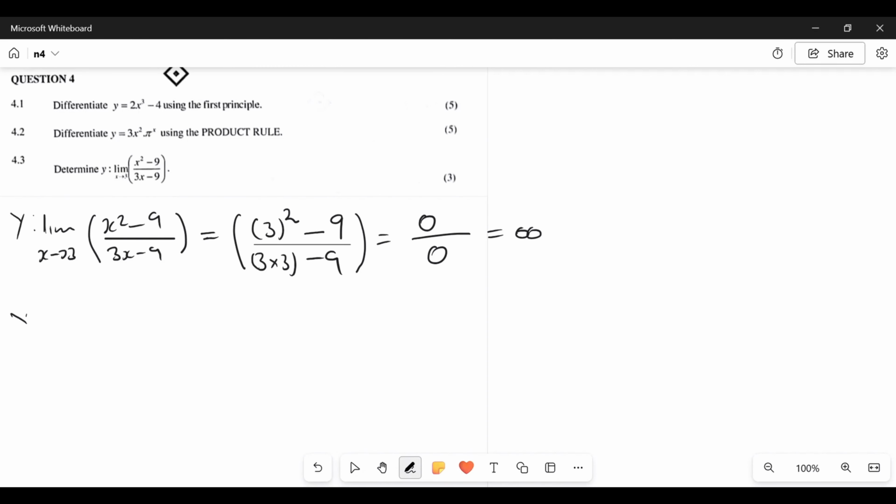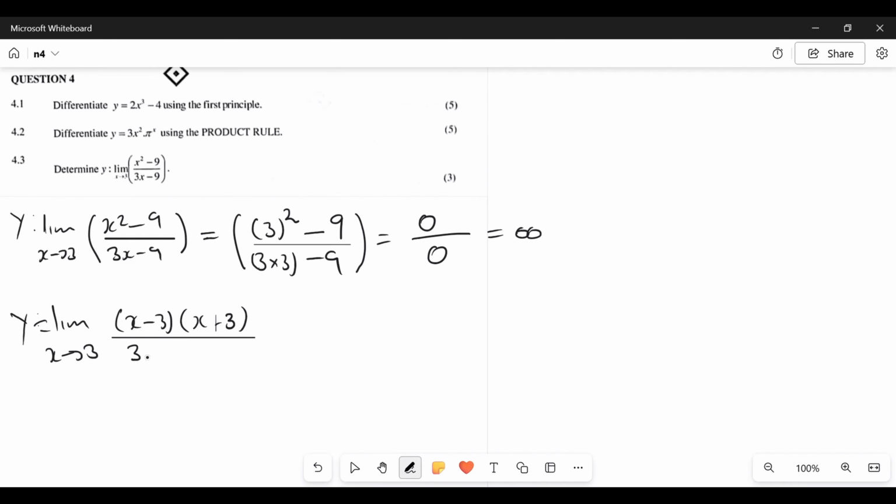So let's do it. y, limit as x approaches 3, let me just say equals to them. Now, if you look at the numerator there, we have the difference of two squares, guys. The difference of two squares is going to be x minus 3 and x plus 3 when you factorize it. And then underneath there, we have the common factor, which is 3.